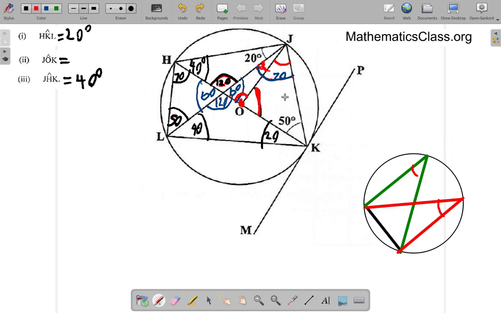So what I'm saying here is that for this part of the question, JOK, there's something off, and I'm going to challenge you to find that angle.